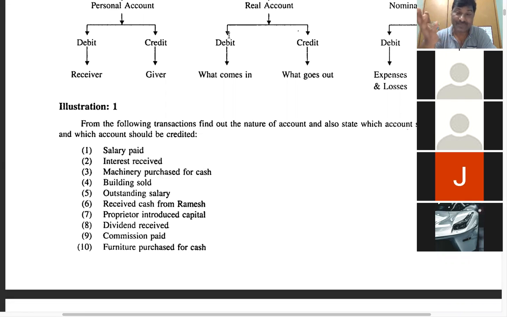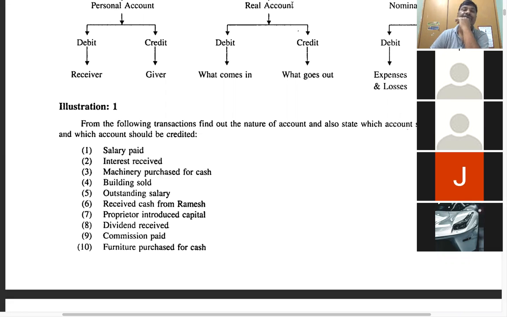If nothing is appearing, it is implied that it is for cash. So building is an asset, real account. And sold for cash. Cash is an asset. Both of them are assets. And the asset related accounts are real accounts.